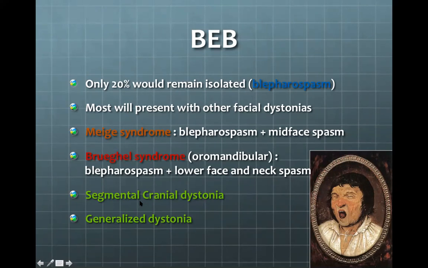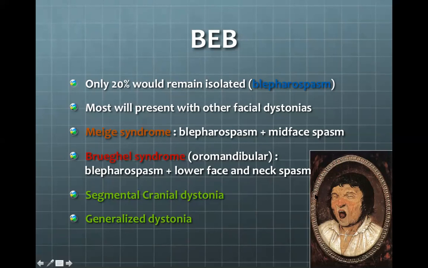Other types are segmental cranial dystonia, where the patient would have other cranial nerve abnormalities, and generalized dystonia with the involvement of the rest of the body.